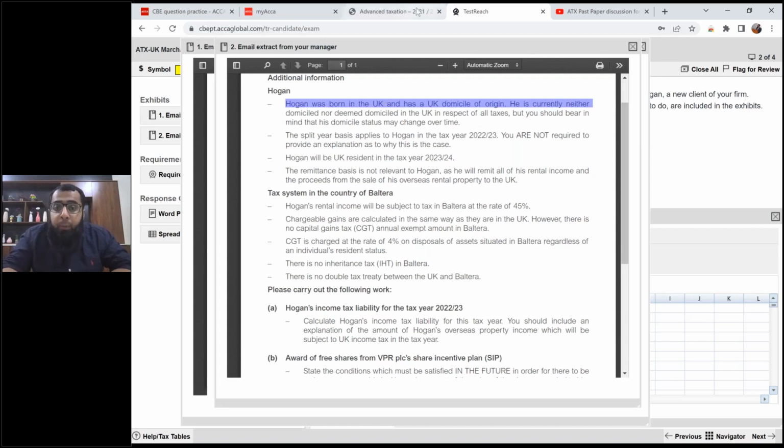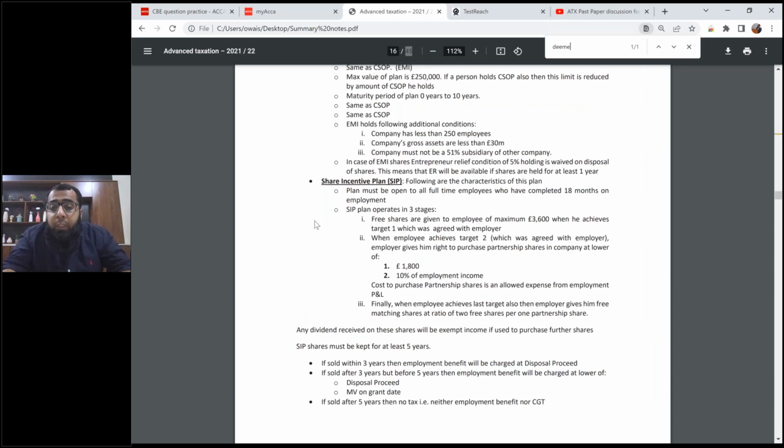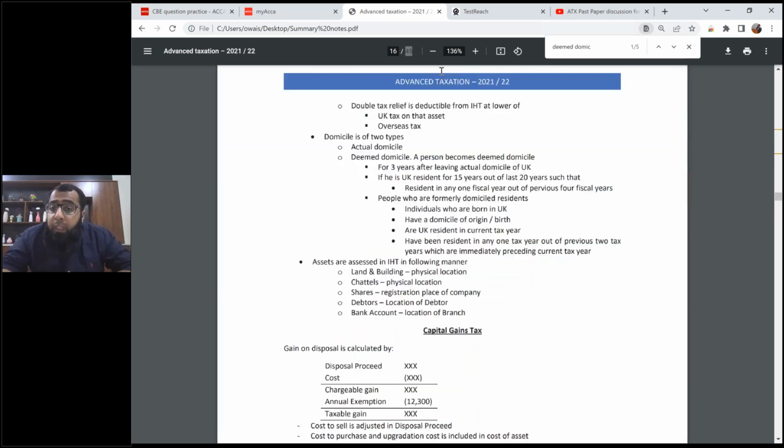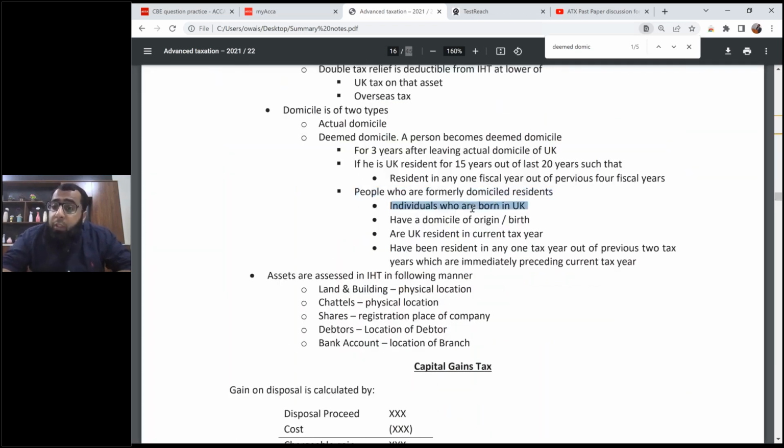If you go to the summary notes and search deemed domicile. Now, the deemed domicile concept is in IHT, and it is in income tax also. Currently, we are talking about IHT. See, formerly domiciled residents are individuals who are born in the UK, have a domicile of origin, are UK resident in the current tax year, and have been resident in any of the previous two tax years.